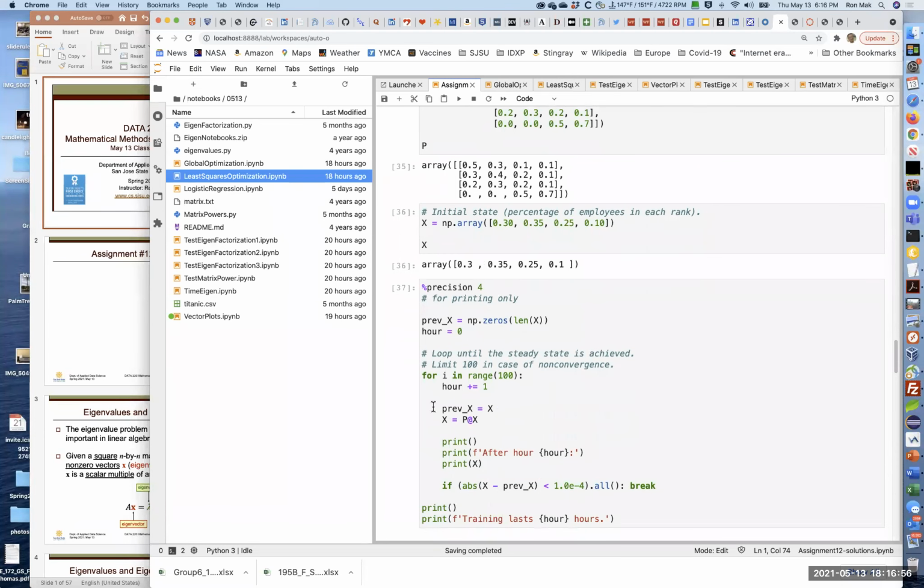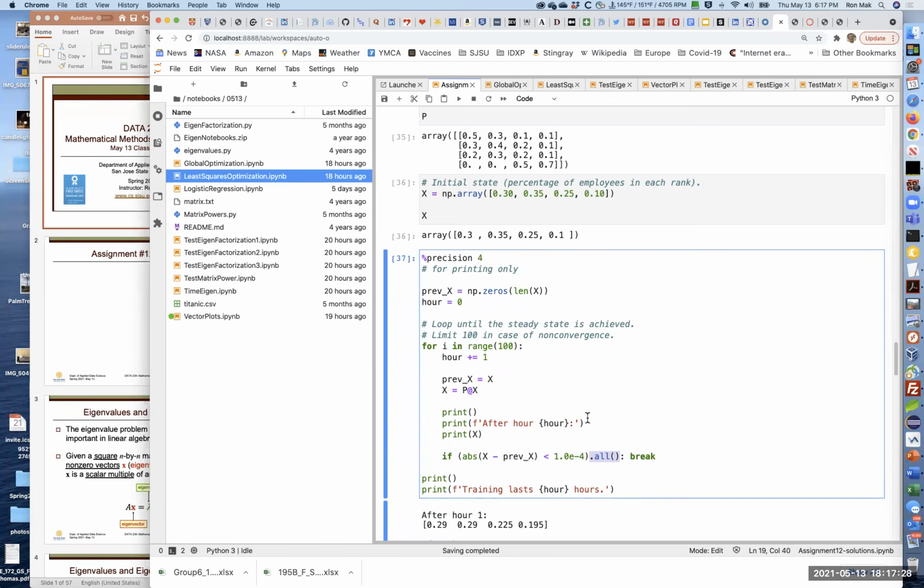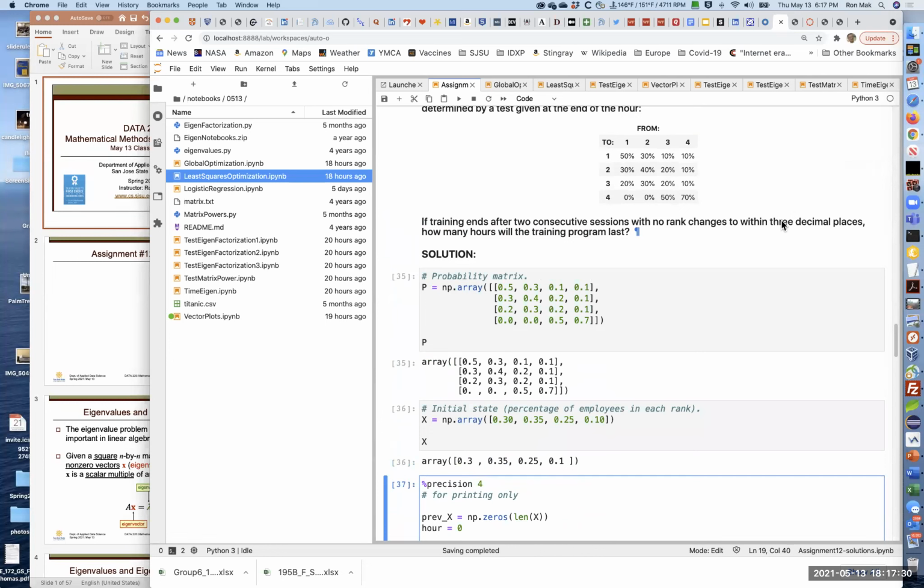So we loop and loop and loop. Now notice how we test. We subtract the new value of x from the previous value of x, comparing the 2 vectors, and for all the components we check whether the difference is less than 10 to the minus 4th, which gives us the 3 decimal places.